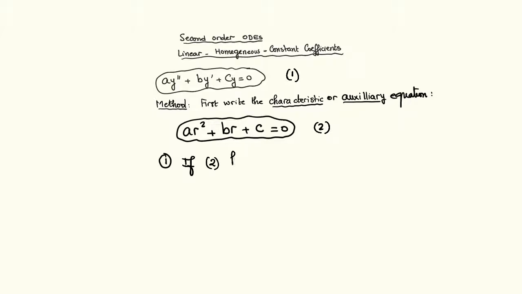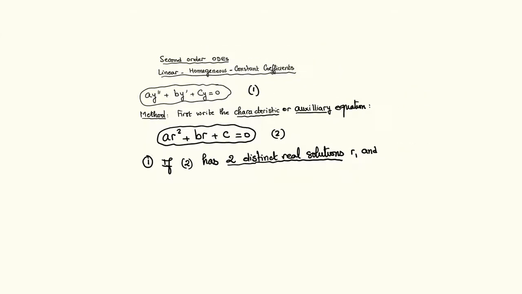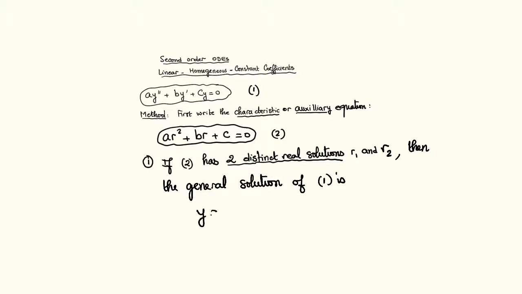If 2 has two distinct real solutions, so the characteristic equation has two different real solutions, r1 and r2, then the general solution of 1 is y equal c1 e^(r1 t) plus c2 e^(r2 t), like this.